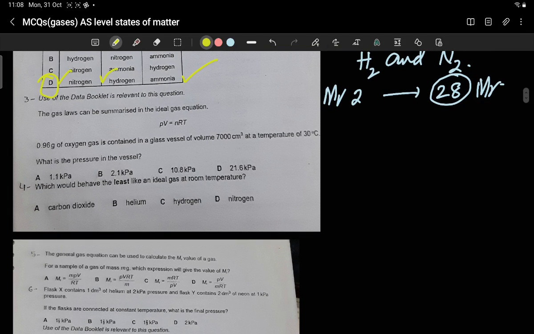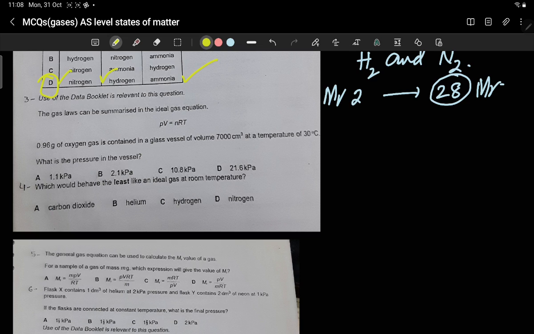Next question: use of the data booklet is relevant to this question. The gas laws can be summarized in the ideal gas equation, PV equals nRT. 0.96 gram of oxygen gas is contained in a glass vessel of volume 700 centimeter cube at a temperature of 30 degrees centigrade. What is the pressure in the vessel?